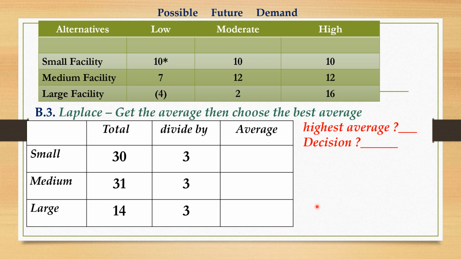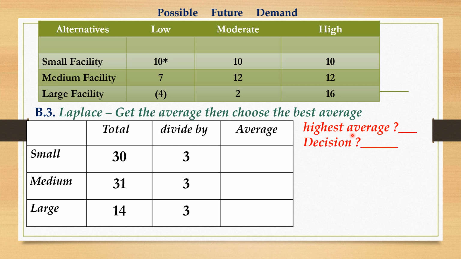Afterwards, you determine the highest average. Look at the average column and write down the highest average. For your final decision, look at the alternative that corresponds to the highest average.